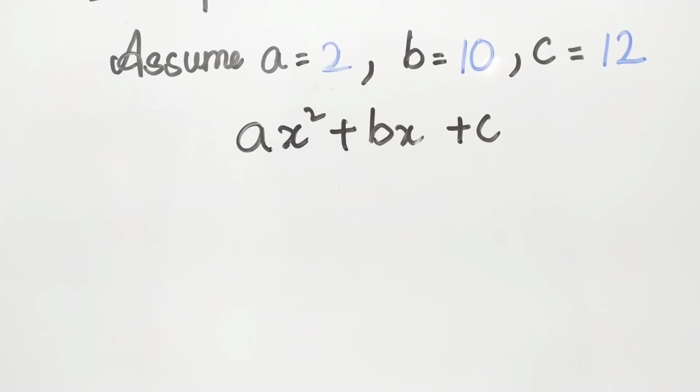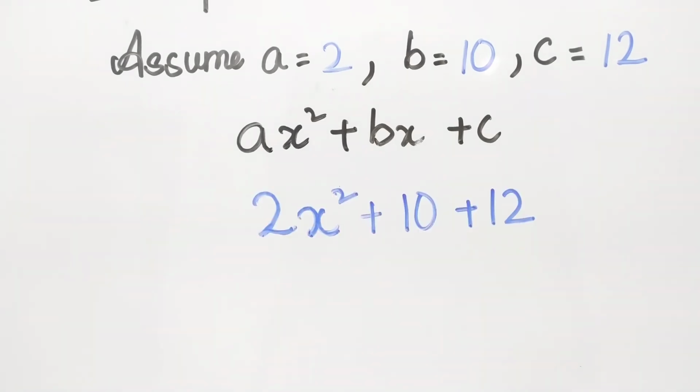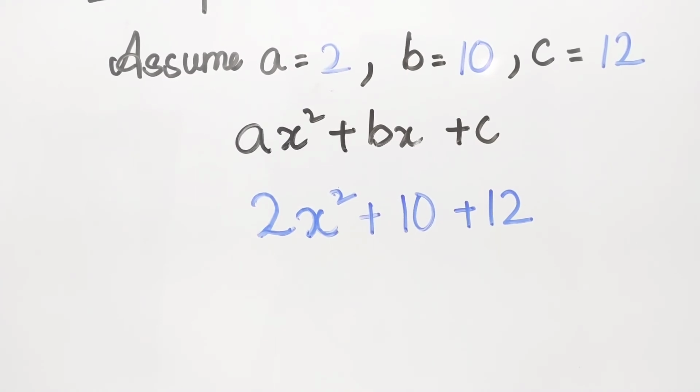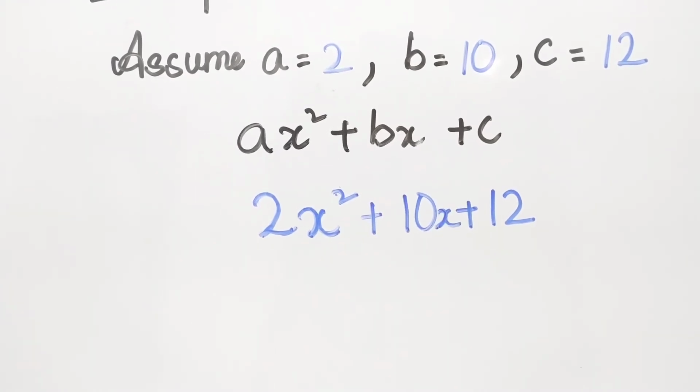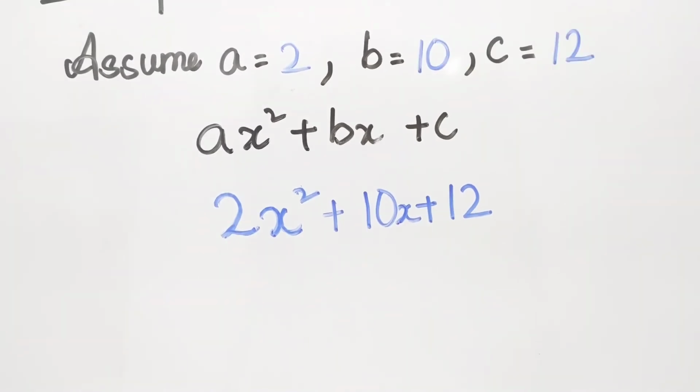That means I can write the polynomial also as 2x² + 10x + 12. Similarly, I can have many such polynomials, right? I can write it as 3x² + 15x + 18, 4x² + 20x + 24 and so on. I can keep going on. There can be multiple polynomials because k can have any value.